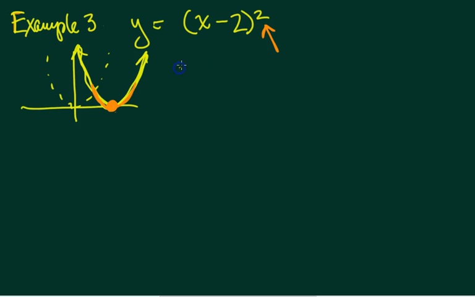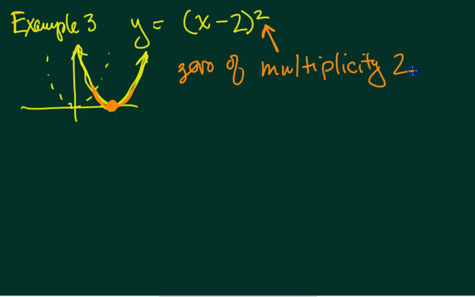This is called a 0 of multiplicity 2. I often say degree 2 because that makes as much sense to me. Okay, so I call this behavior touch and go.